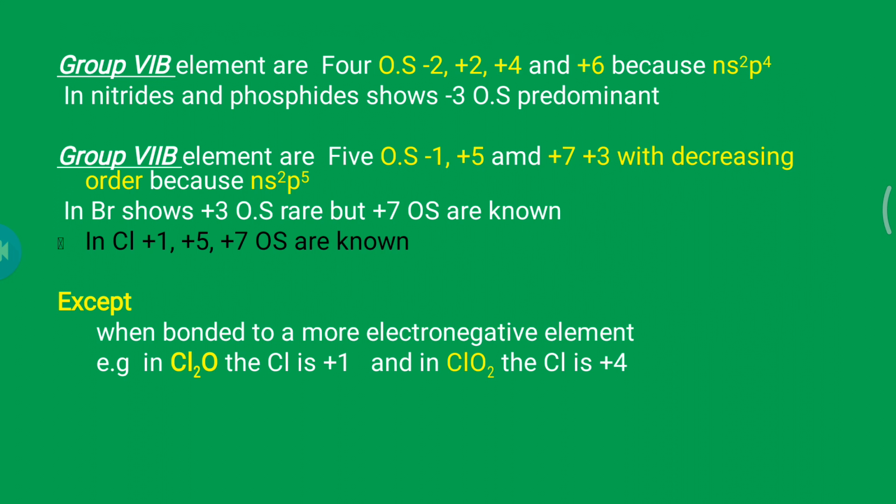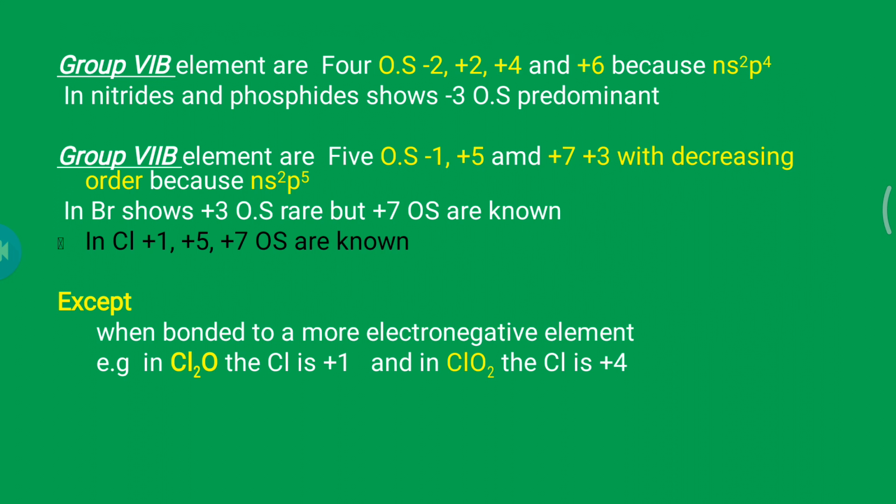Similarly, group 7B elements show 5 oxidation states: first -1, second +5, third +7, and then +3, in decreasing order, because of the ns2 np5 configuration.